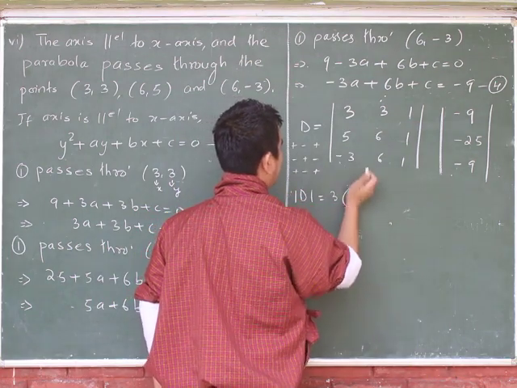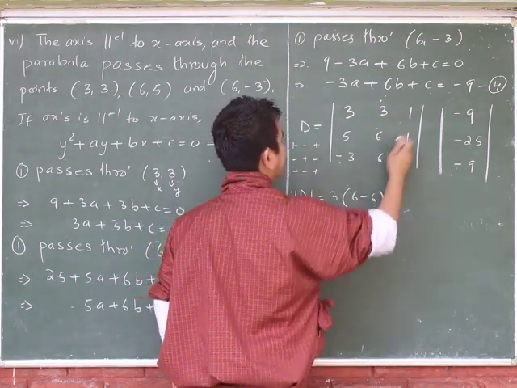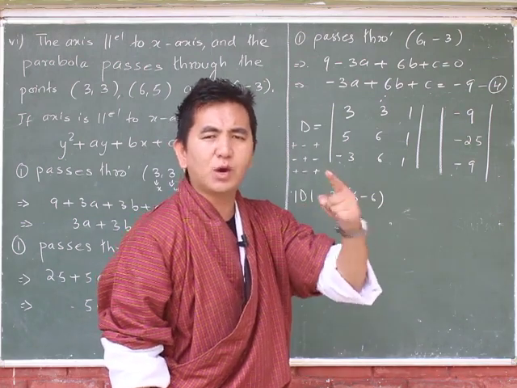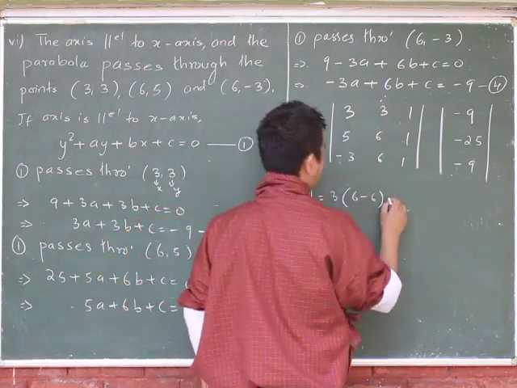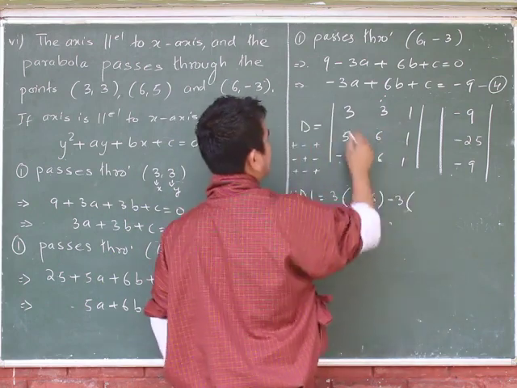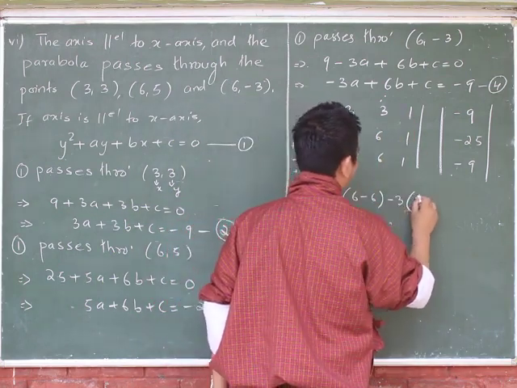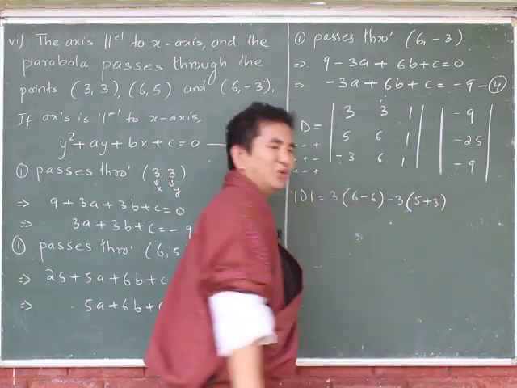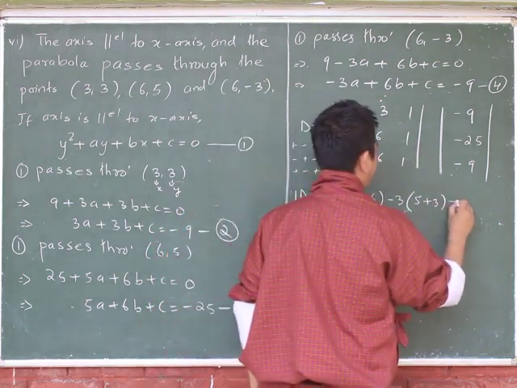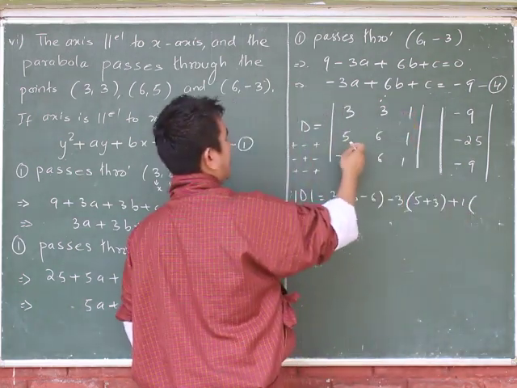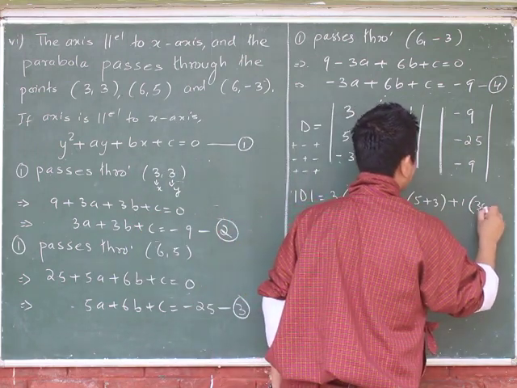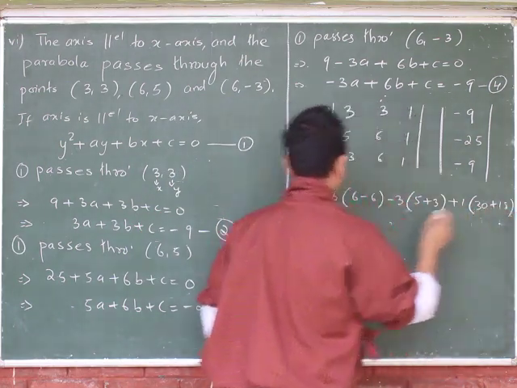Here it becomes 0, or you write 6 minus 6. Second diagonal, when you multiply, there is always one more negative. As per the sign rule, we have negative 3 times, cross it, 5 plus 3, which is equivalent to 8. Then we have plus 1 times, here 5 sixes are 30 plus 18, 6 threes are 18.